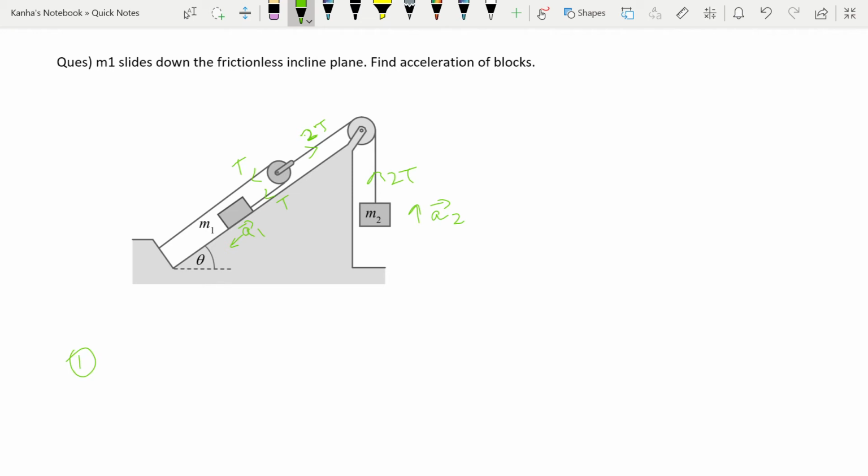For M1, you have M1G sine theta along this direction, then minus T is equal to M1A1. And for block 2, I can write 2T minus M2G is equal to M2A2.